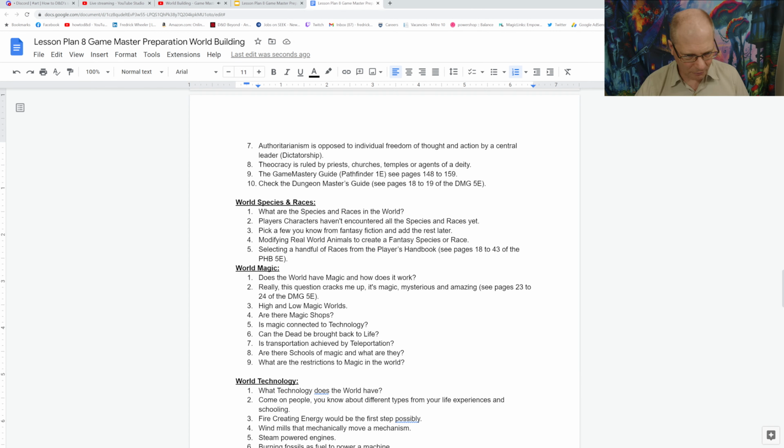Select a handful of species or races from role-playing game books.